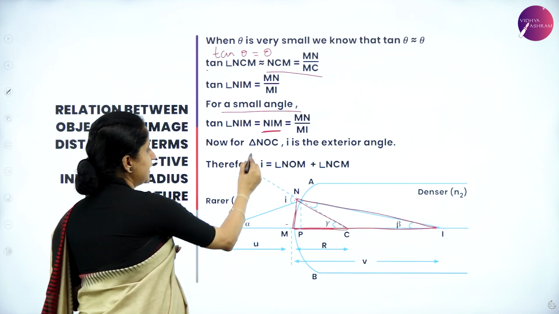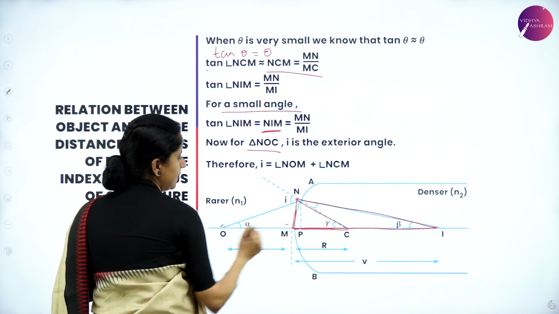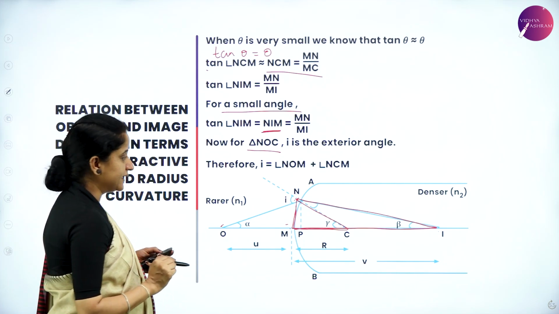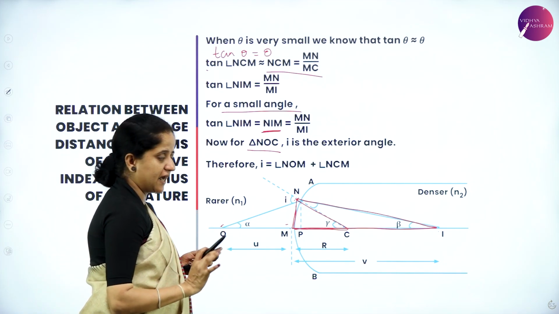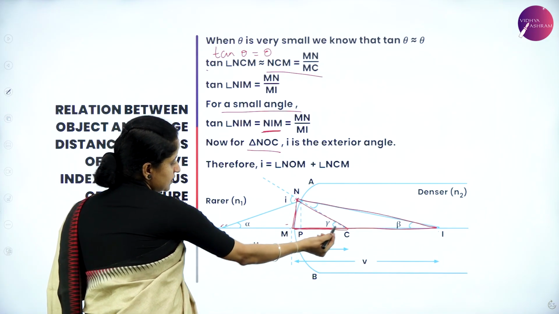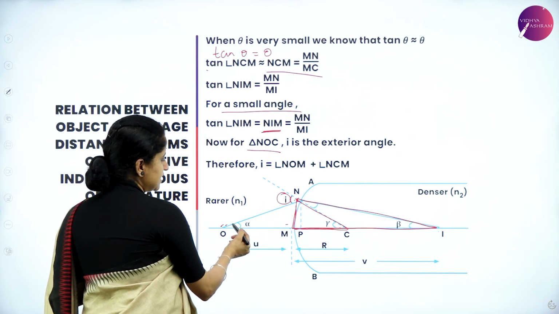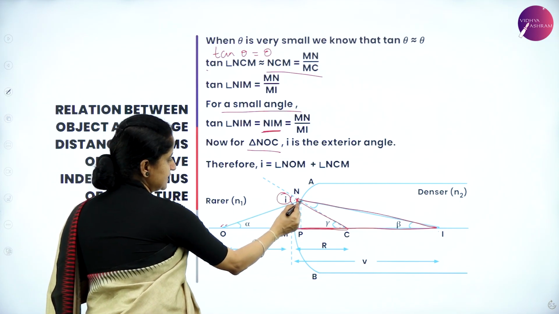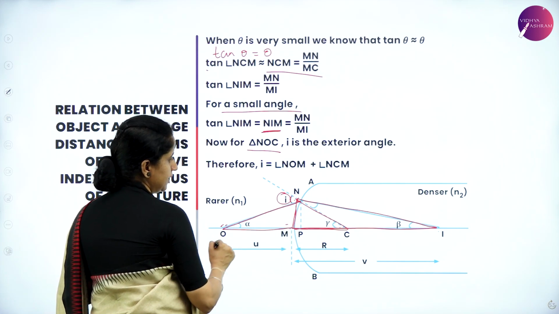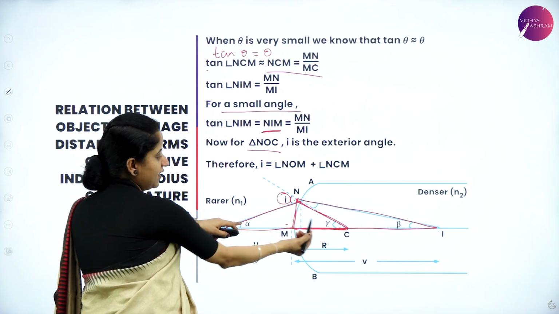Now for triangle NOC, the exterior angle is equal to the sum of the interior angles, which is the law of triangles we know. So in triangle NOC, the exterior angle is I, which is equal to the sum of the interior angles, NOM plus NCM. The interior angles are alpha and gamma.